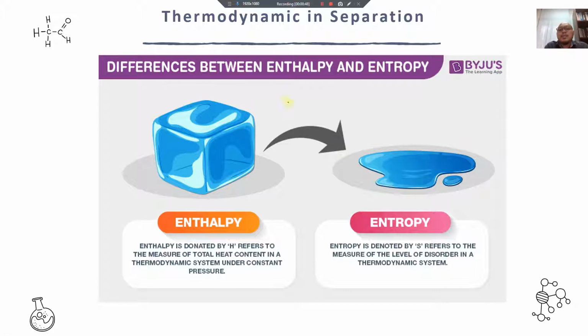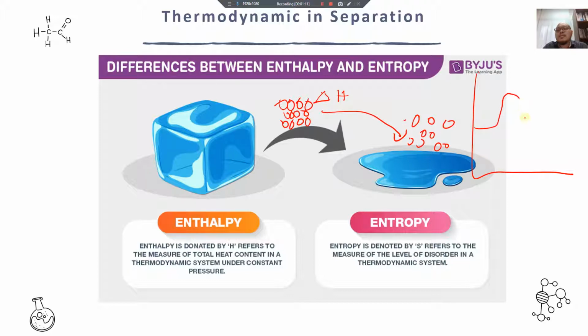For example, the particles in the solid become this. It measures the disorderness. So that is the entropy. For the enthalpy, we need to calculate the heat from here to here. That's why you can see the diagram like this, right?